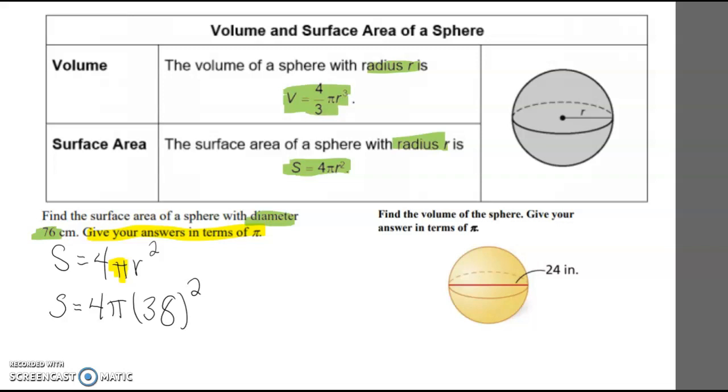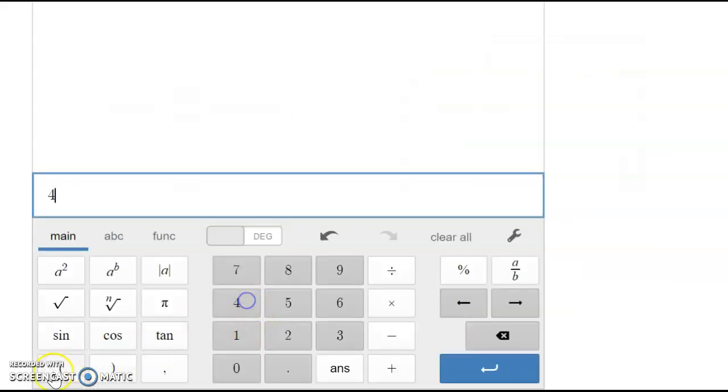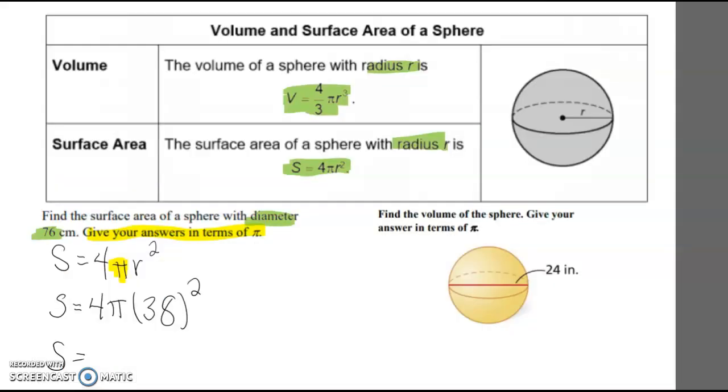Now, to find that surface area, we're going to have to multiply these numbers together. We're going to be multiplying 4 times 38 squared. So let's multiply 4 times 38 squared. And we get 5,776.